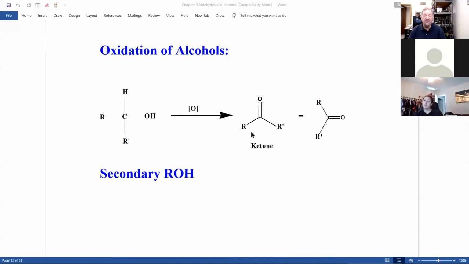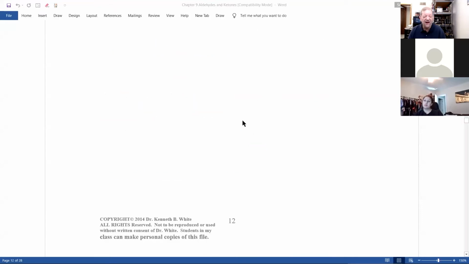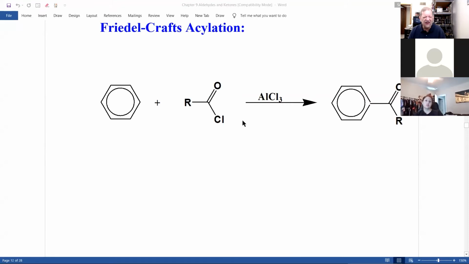Now, there's another way of making ketones. And that's Friedel Crafts acylation. You learn Friedel Crafts alkylation, but what's Friedel Crafts acylation? That's a way of making aromatic ketones, where one of the R groups in the ketone is a benzene ring, or other aromatic, but I'll keep the benzene.